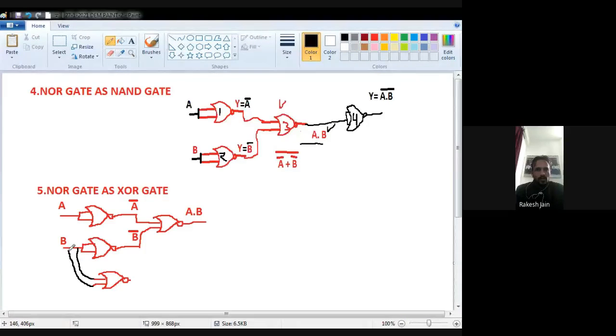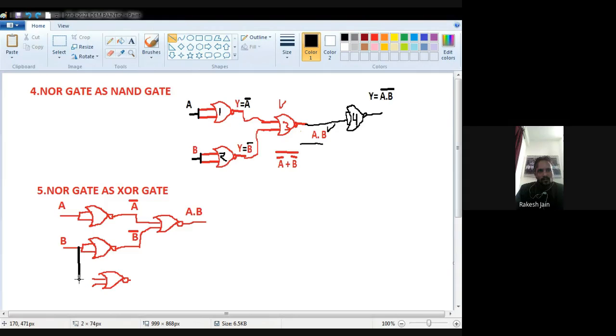One input is connected to this B and one input to this A. So now A and B are connected.